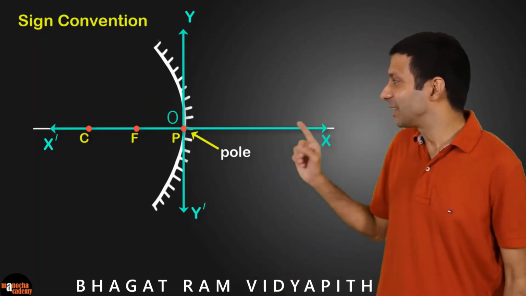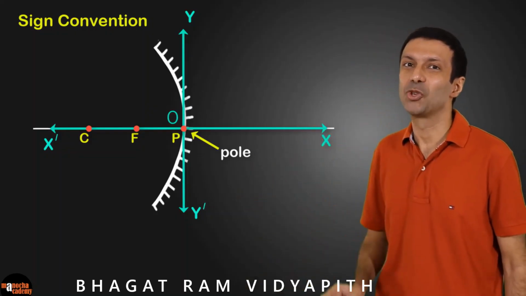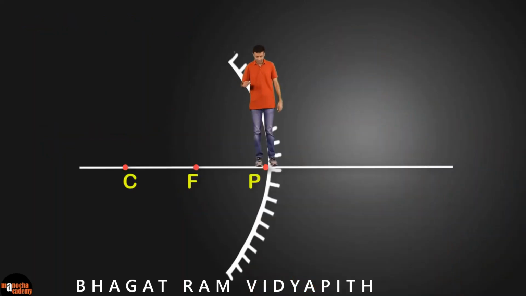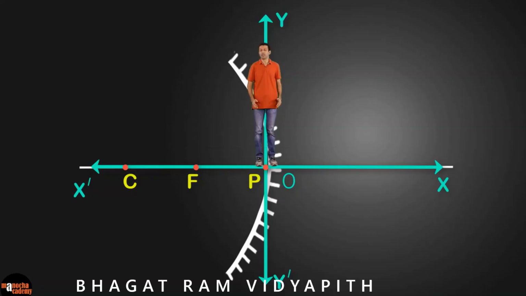Let me go ahead and stand on the principal axis and show you the sign convention. Here I am at the pole of the mirror and at the origin of the x and y axis. According to the sign convention, the object is always placed on the left hand side of the mirror. So light from the object is coming from the left hand side.